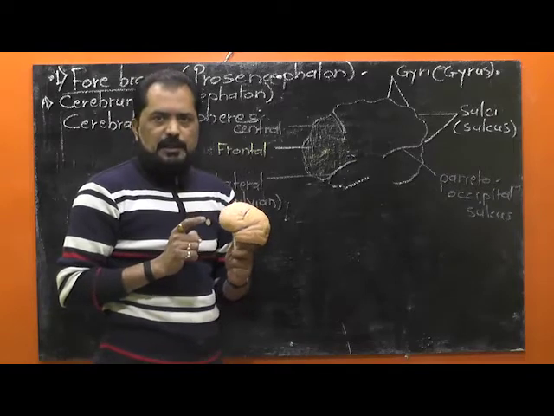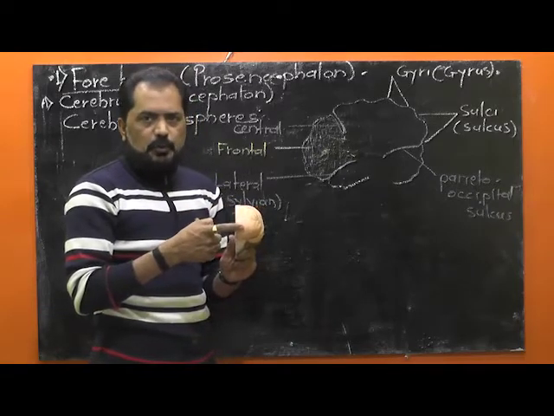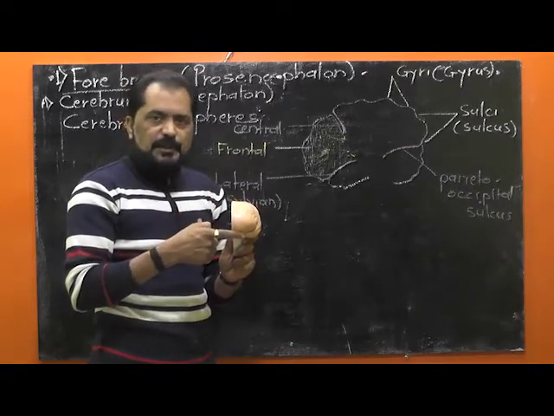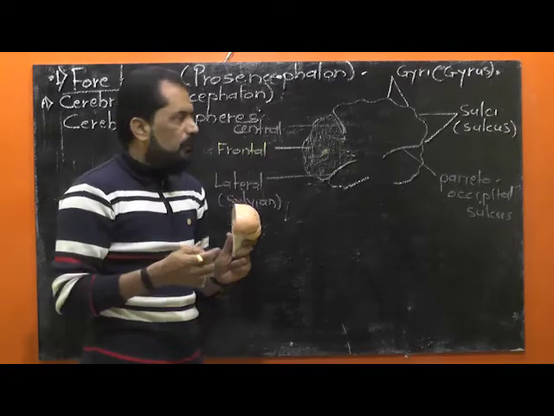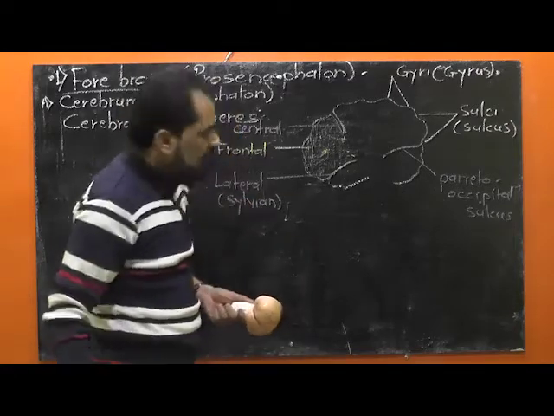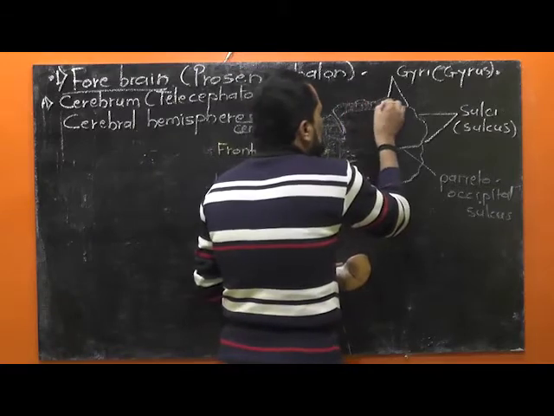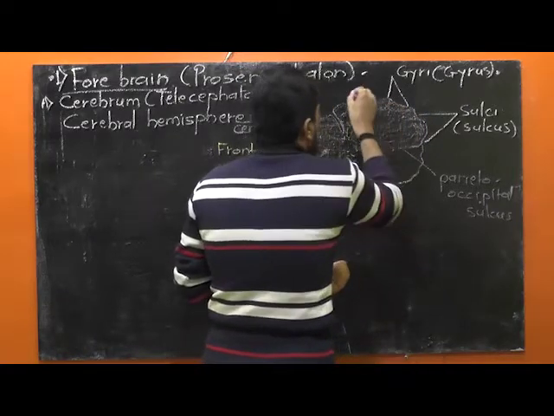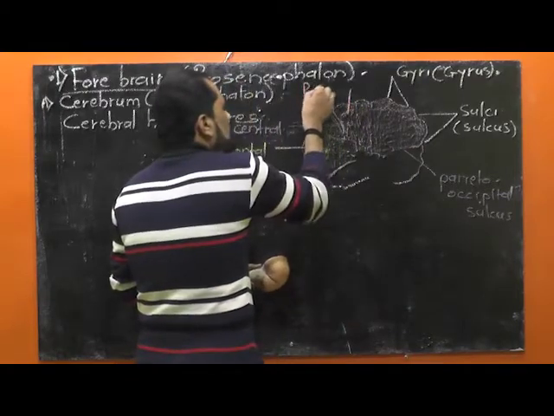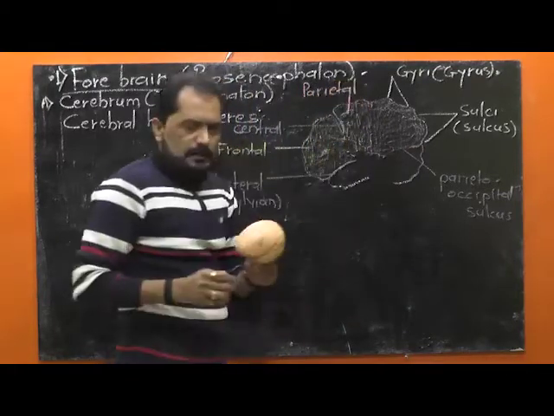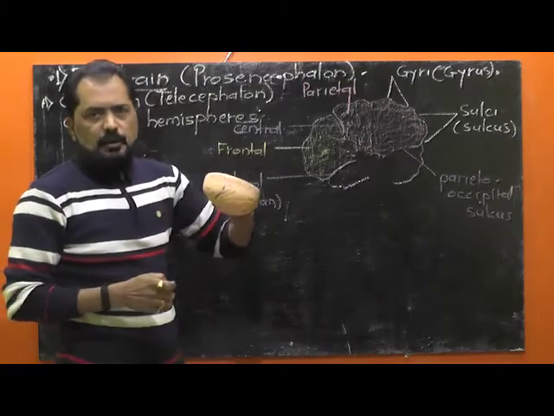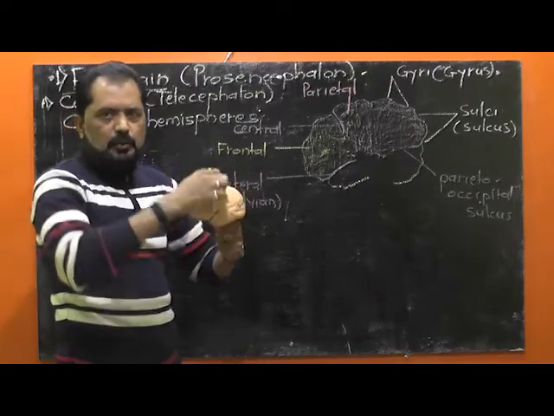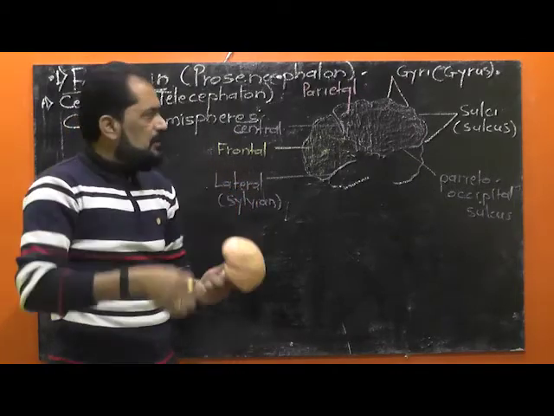In this model I can show this is the frontal lobe, which is present at the front side and just below the forehead. Then the second lobe, which occupies the top position, is known as the parietal lobe. Here in this model we can observe the parietal lobe, which occupies the top position.